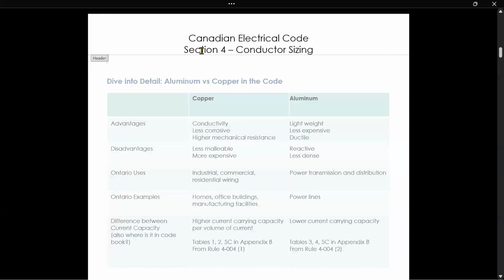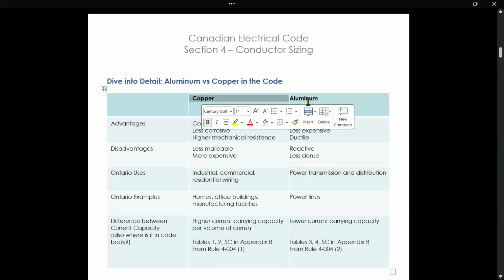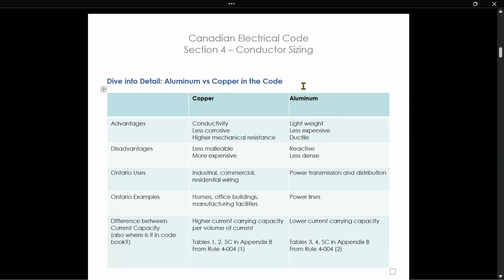So Section 4 of the Canadian Electrical Code for conductor sizing, 4-004, 1 and 2. 1 is for copper, 2 is for aluminum. That's the first thing you have to decide when you're going through a flowchart of conductor sizing.